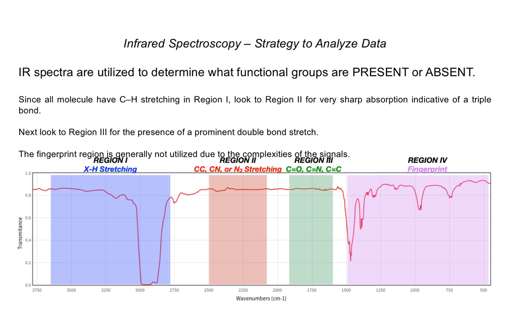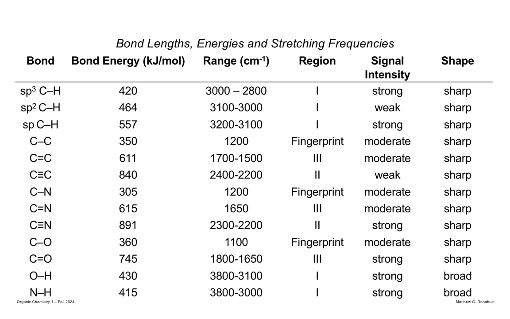But if it is there, then you have all these other things to consider. So I believe the next two tables, they're more of reference, like where do the certain bond types appear, what region, what's their energies.